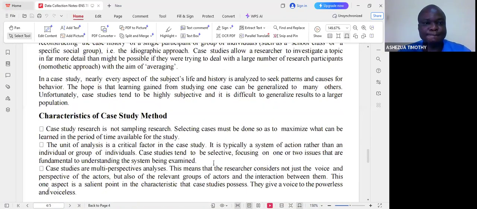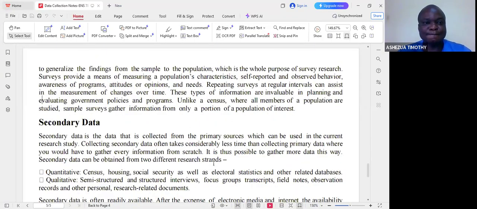So under the secondary source of data collection, we say that secondary data is the data that is collected from the primary sources, which can be used in the current research study.